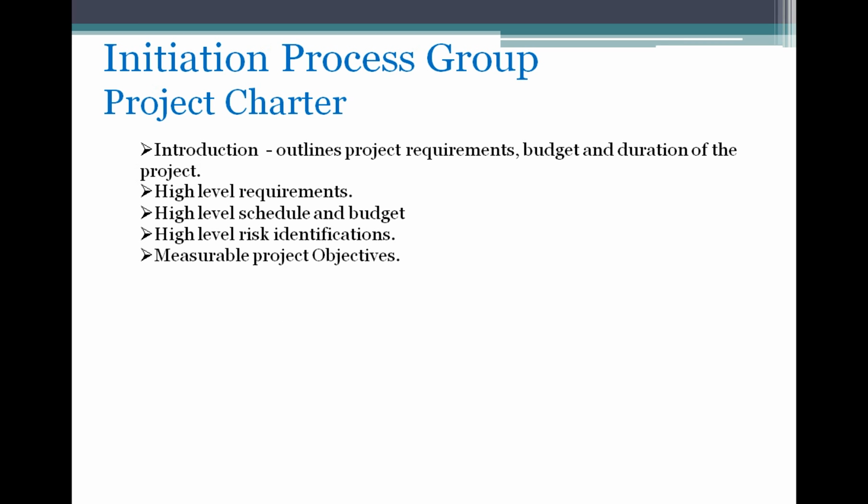Measurable project objectives. The outcome of this project, what is the objective of the project, and the high level requirements are documented in the measurable project objectives. That means at the end of the project, what this project results in is going to affect the business. When the project meets these objectives, only then do we say this project has ended.